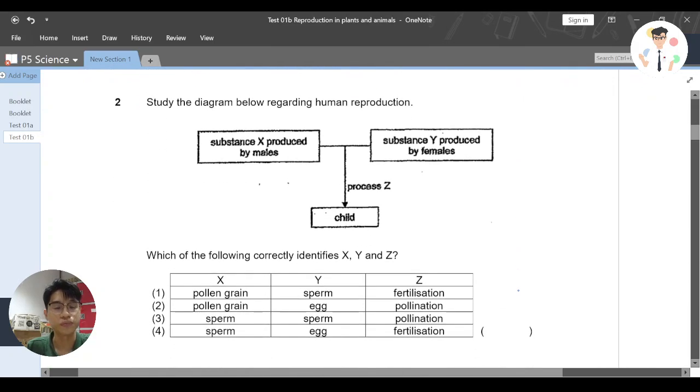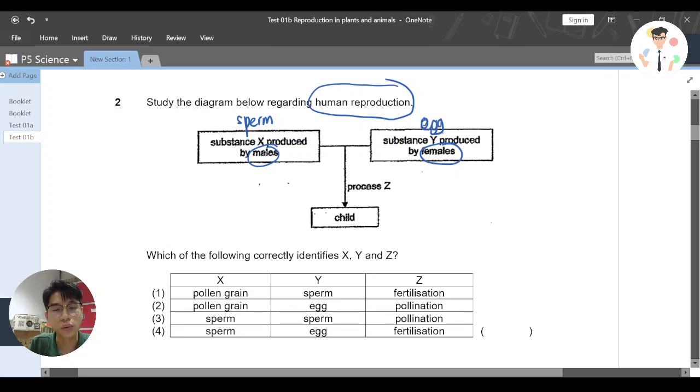Now, number 2, study the diagram below regarding human reproduction. Again, this is about human reproduction. Substance X produced by males, substance Y produced by female. So male, you can kind of guess, this is sperm, right? This is the egg.